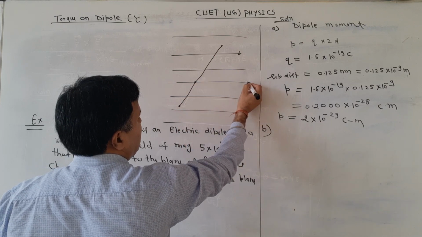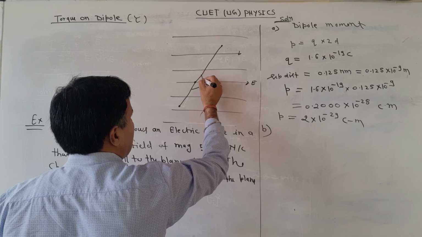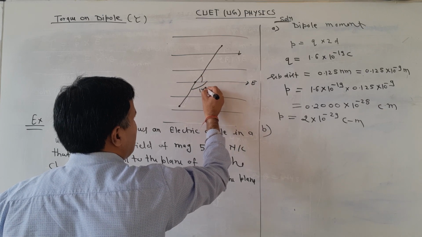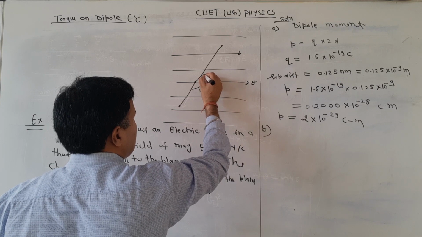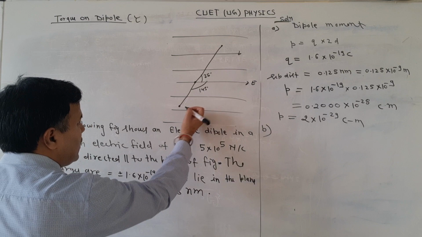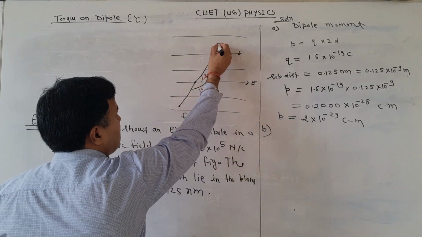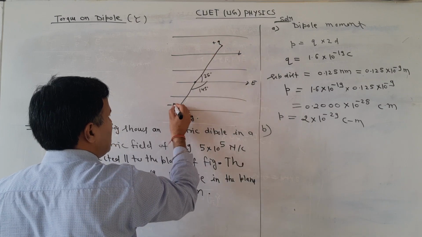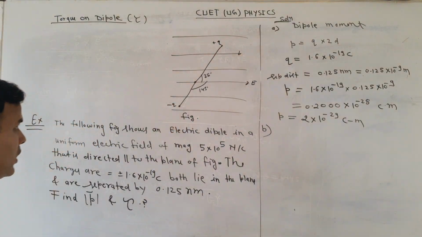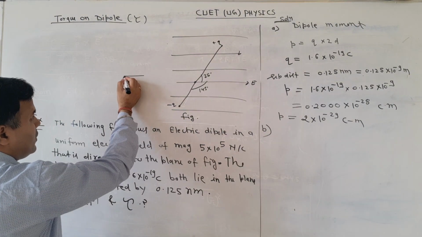If this is the electric field, this angle is 145 degrees and this one is 35, as already given in the figure. This is the plus Q charge and this is the minus Q charge.